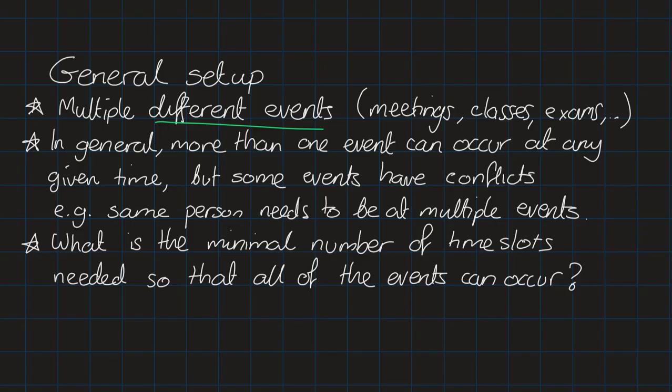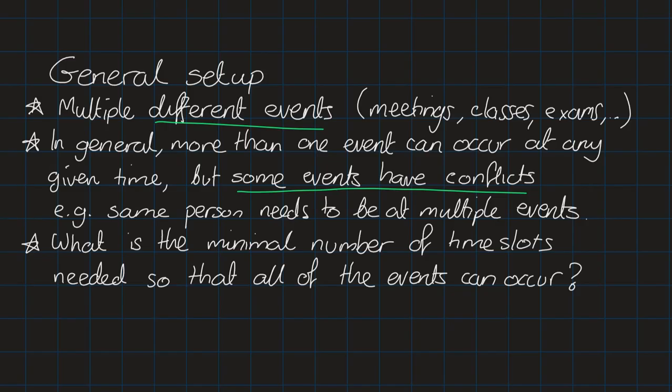In general, more than one event can occur at the same time, like you can have more than one exam happening at the same time, but some events have conflicts. The classic conflict could be that the same person needs to attend multiple events. So you can't schedule two events for the same time if there's a person that needs to be at both of them.